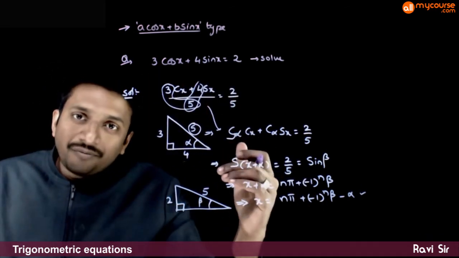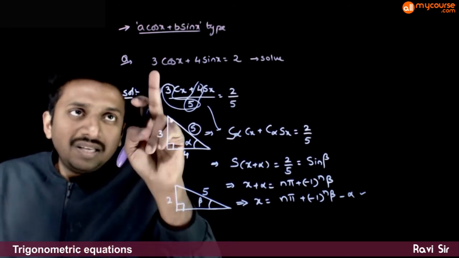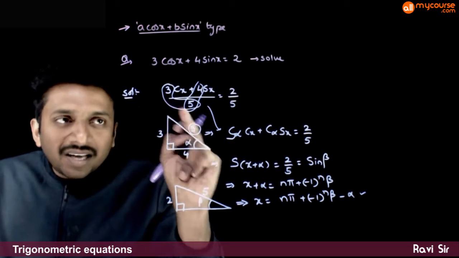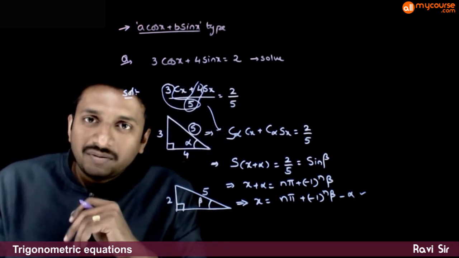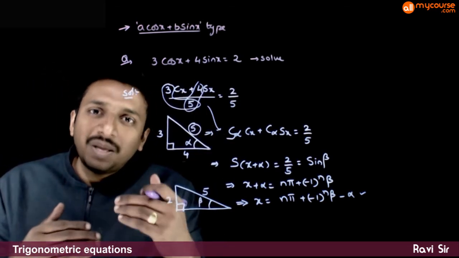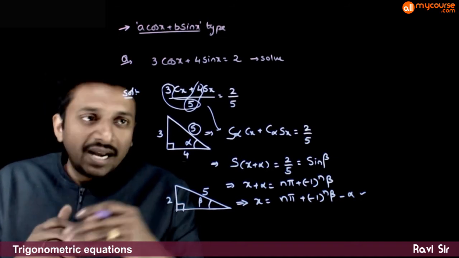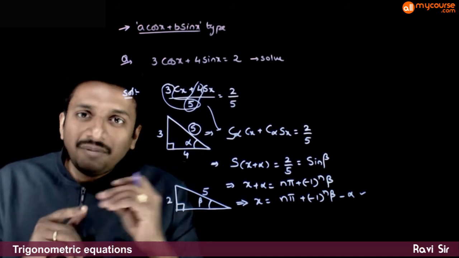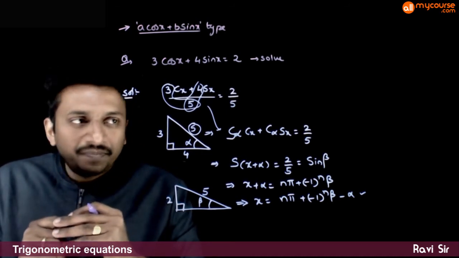I hope you can follow what we are doing. These numbers are not standard numbers, so the angles that correspond to them are not known to us. So we assume them as some alpha and beta, and if required, we can refer to these angles from the trigonometric tables.